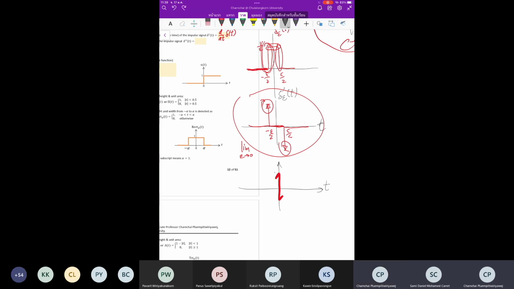Just have an arrow on the left, that means it goes up first, and then an arrow to the right means it goes down after. These two combined, you get this one.